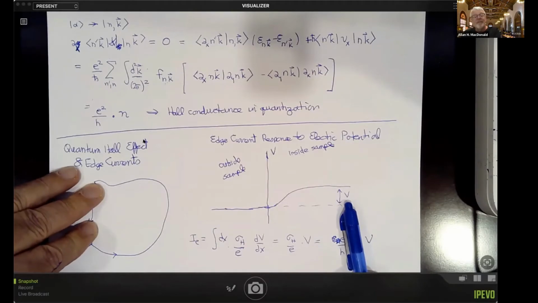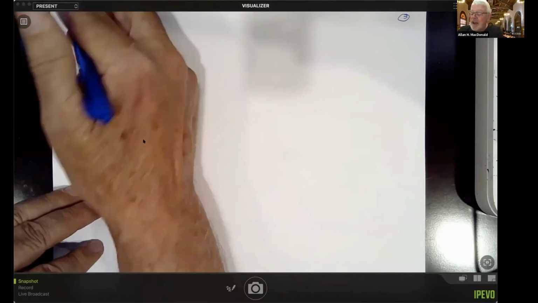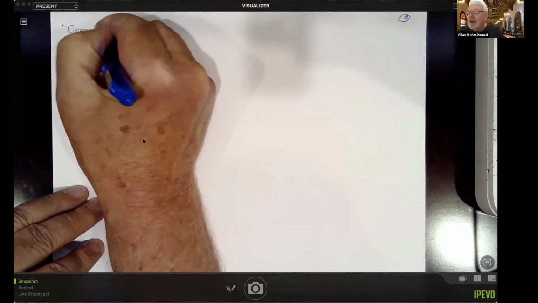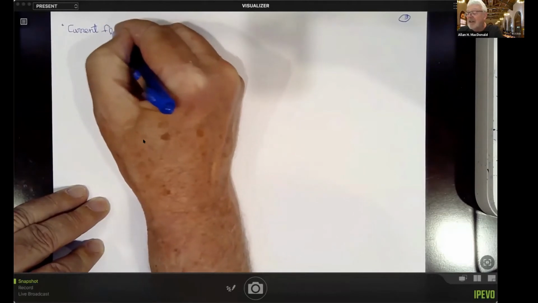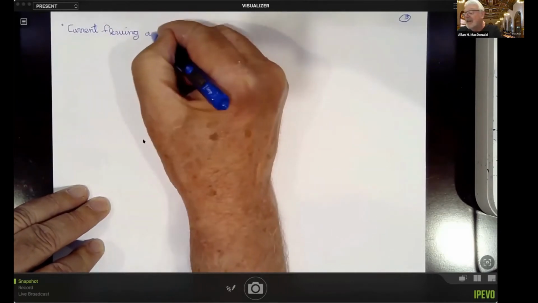Now I want to make a very similar argument, and that is, do a very similar calculation of current flowing not along the edge, but current flowing across the edge.